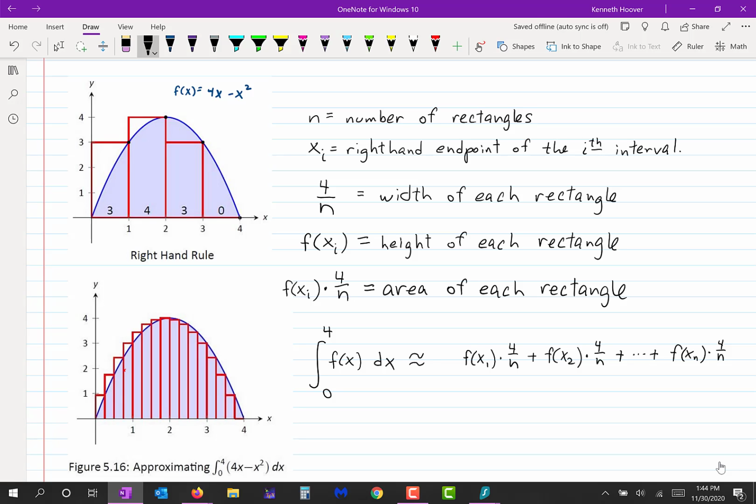Now, there's a shorthand way of writing that. You use capital sigma, the Greek letter. It's their version of a capital S, and that means sum. And we're doing f of xi times 4 over n, and i starts at 1 and then goes up to n.